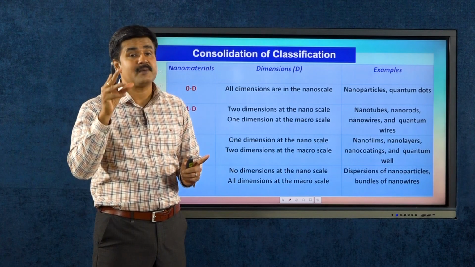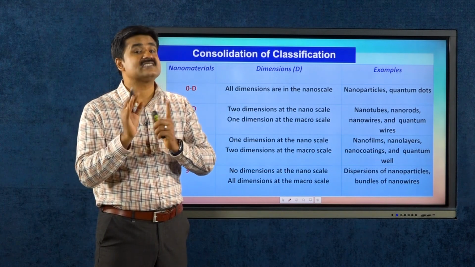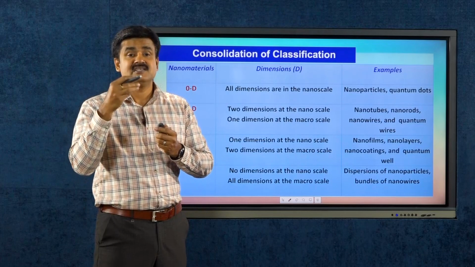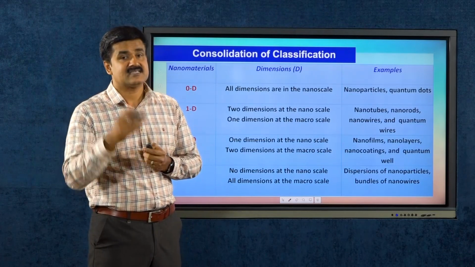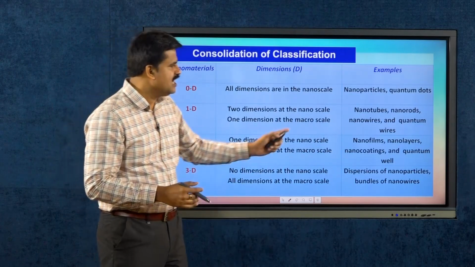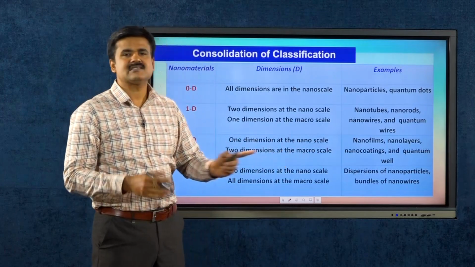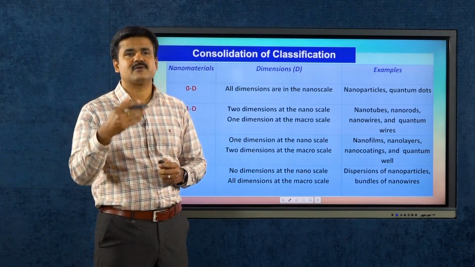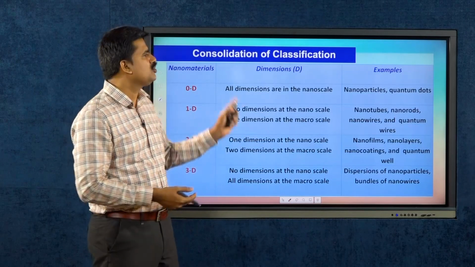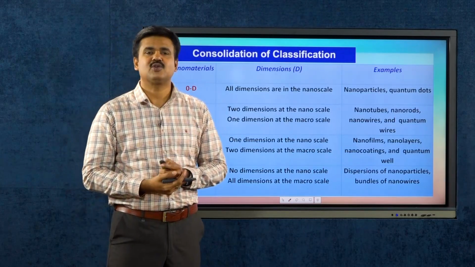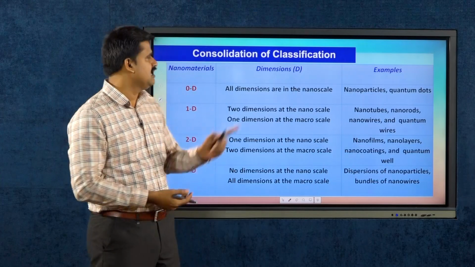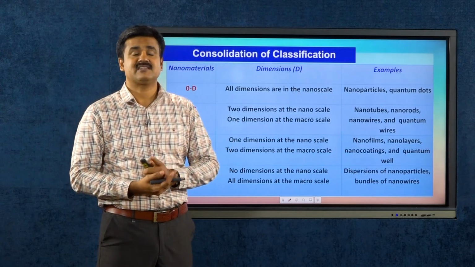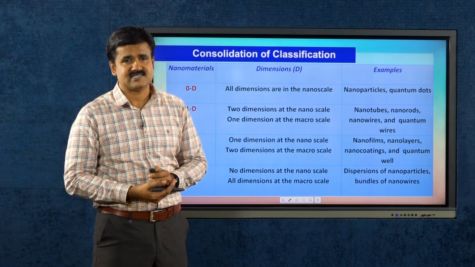This is similar to a bulk material, but the difference is that these 3D nanomaterials are assemblies of small nanomaterials. That fact is very important. Dispersion of nanoparticles, bundles of nanowires, etc. are examples for 3D nanomaterials. So, this is a consolidation chart of our discussion about zero-dimensional, one-dimensional, two-dimensional and three-dimensional nanostructures.